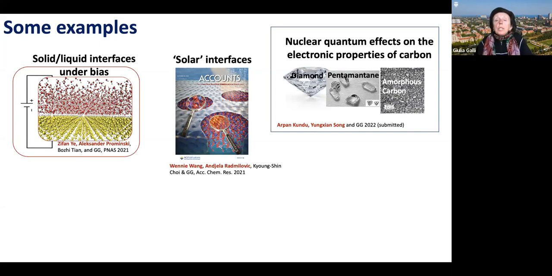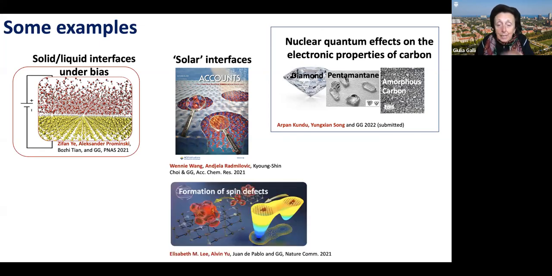We have done so recently to ask the question, if you have a light system, which is in so many problems like carbon, which can be disordered like amorphous carbon or crystalline or molecular. And what happens to its electronic property if you take into account the nuclear quantum motion? And we have found a very, very interesting effect.